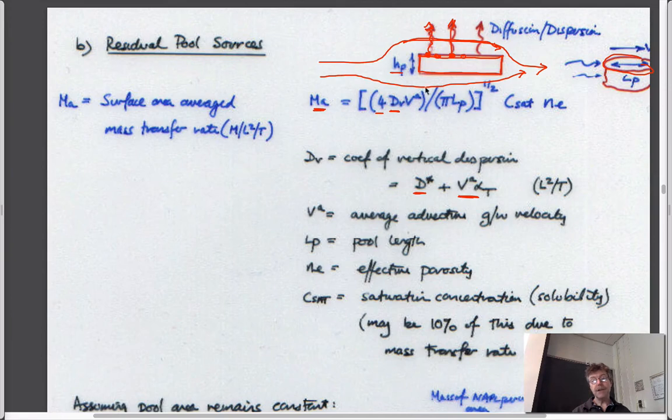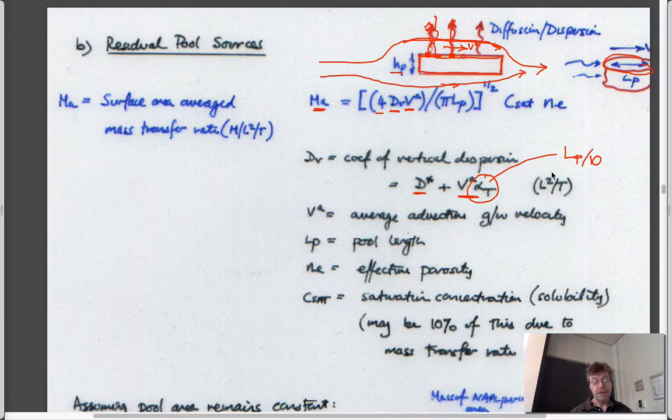This advective velocity is not perpendicular to this, because there is no advective velocity perpendicular to it. It's the one in the direction of the flow field, V sub A. And so if we know the advective velocity downstream, and if we know the dispersion, guess what we would use for this? I suppose we want to use something like the length of the pool divided by 10.